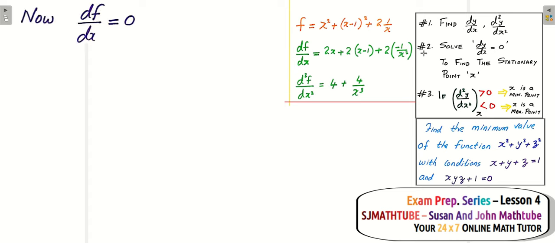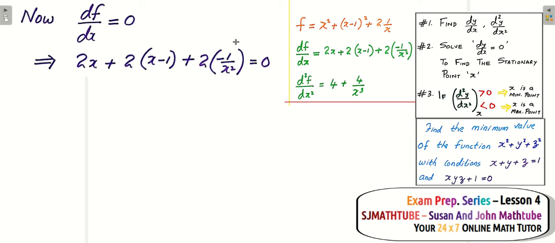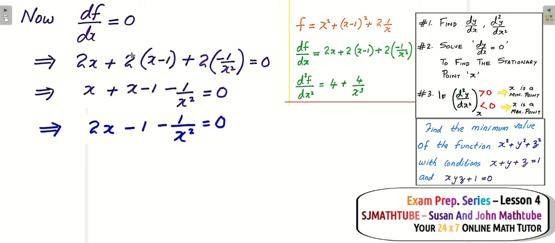And now step number 2. Equate the derivative to 0, I mean this function to 0, and solve for x. Okay, let's multiply throughout by x square. I'm applying distributive here. Okay, a cubic equation.